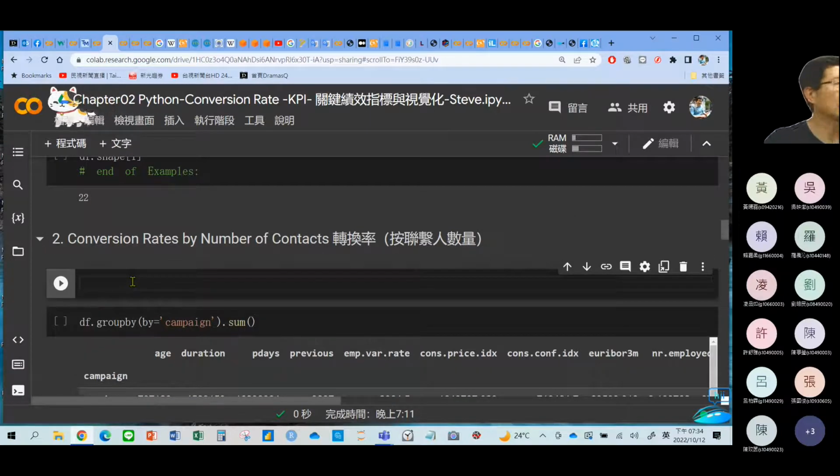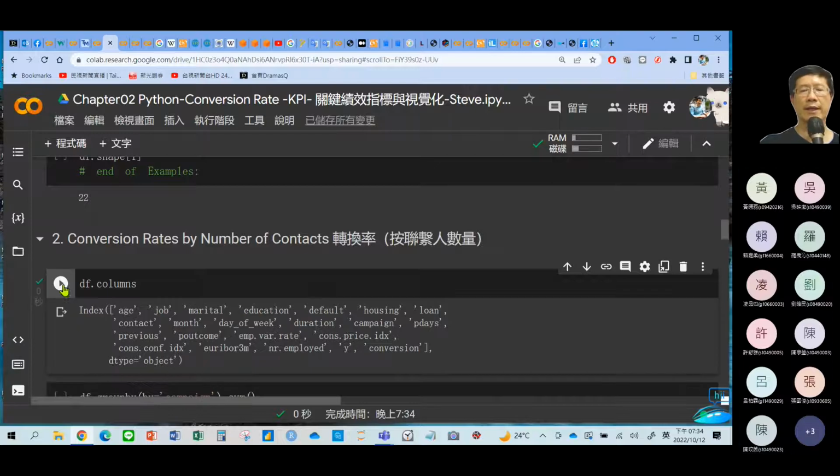So we use 好，我把英文切过来哈 ，OK， df.columns. Please show me all the variable names for this data set.